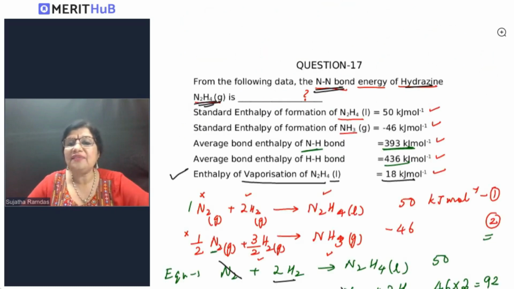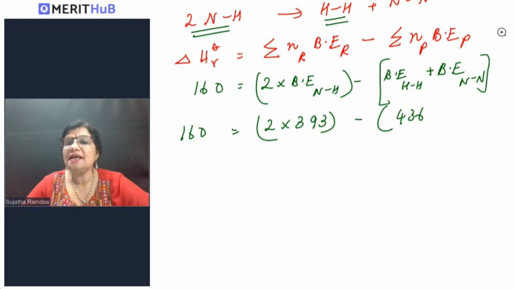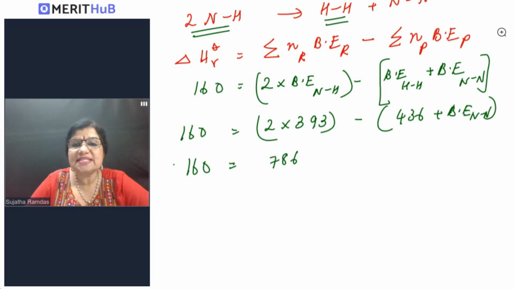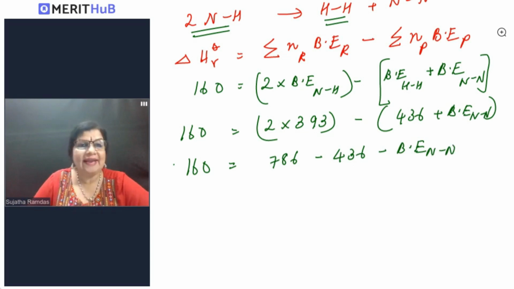436 plus the bond energy of NN. Okay, so what is this now? 160 is equal to 687 minus 436 minus the bond enthalpy of NN.